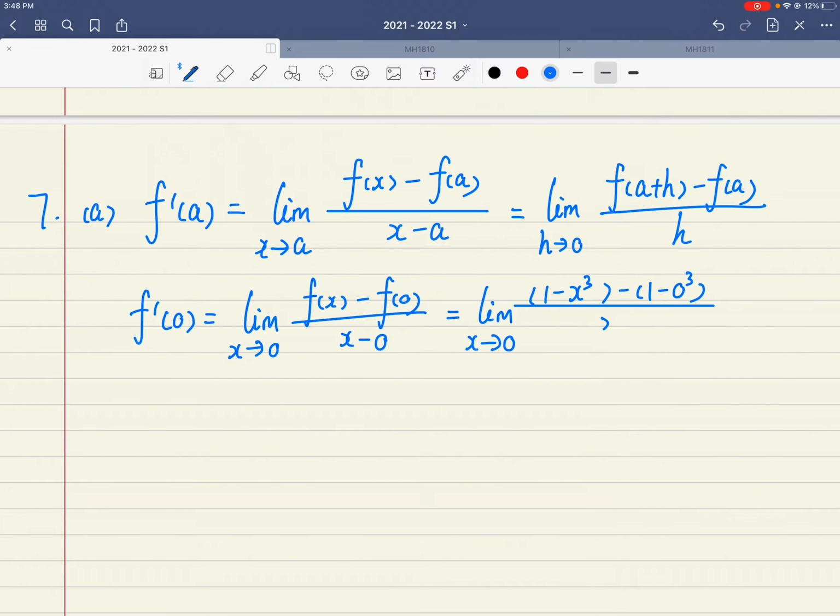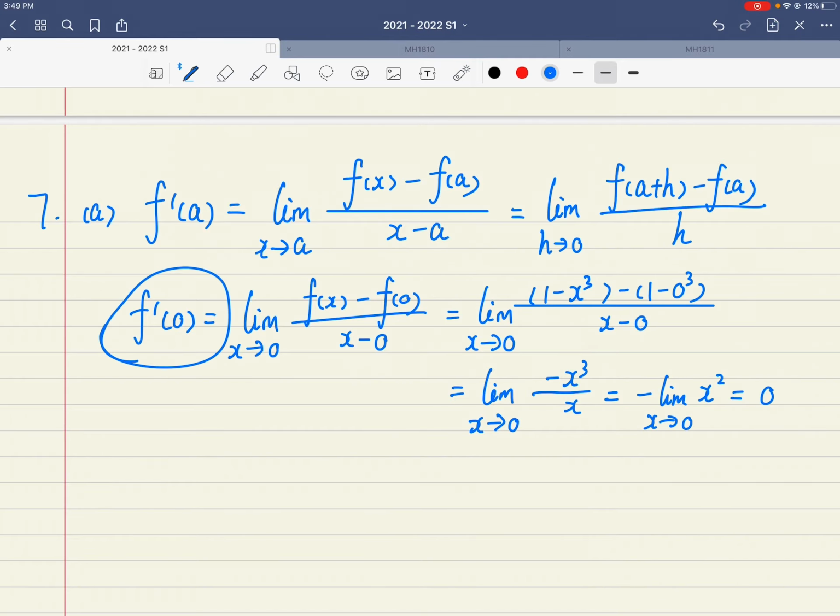So it's a limit as x approaches 0, and the top is 1 minus x cubed minus 1, so it will be just negative x cubed over x. So it's just the negative limit of x squared, and then it's very clear the limit is 0. Okay, this is how to use the definition to get the limit.